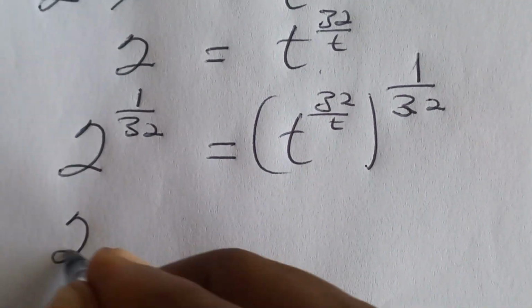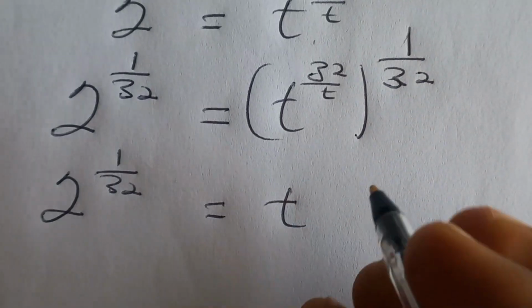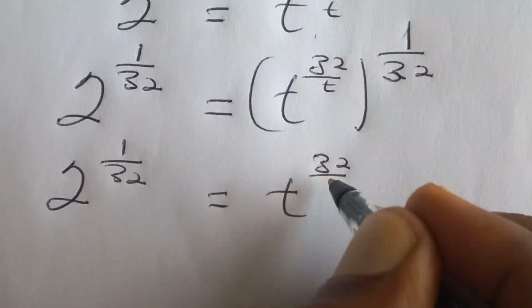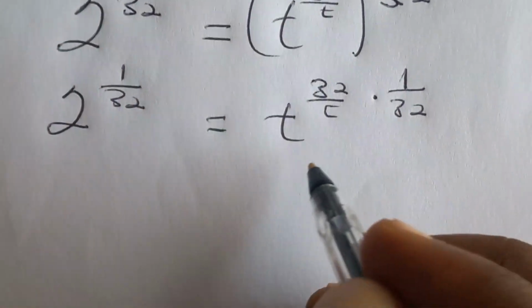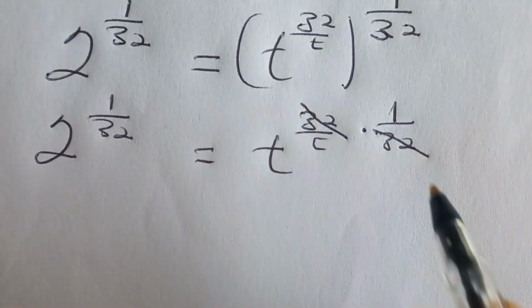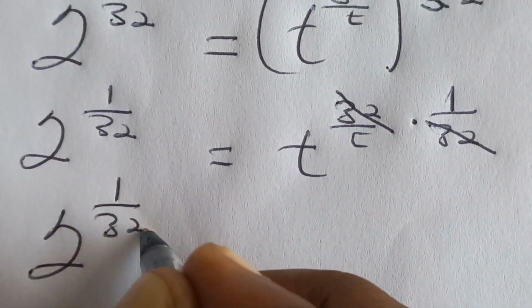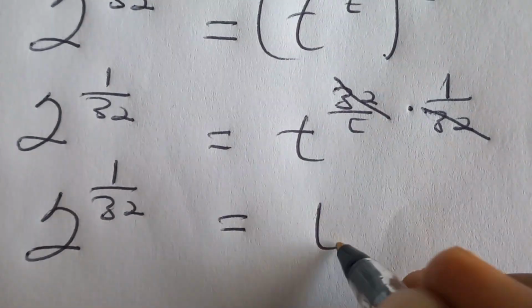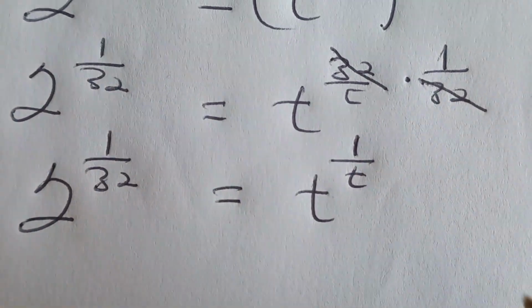Okay, so we have 2 exponent 1 on 32 is equal to t exponent 32 on t multiplying by 1 over 32. So from here, you can see that this 32 will cancel this. Okay, so we have 2 exponent 1 on 32, which is equal to t exponent 1 on t.